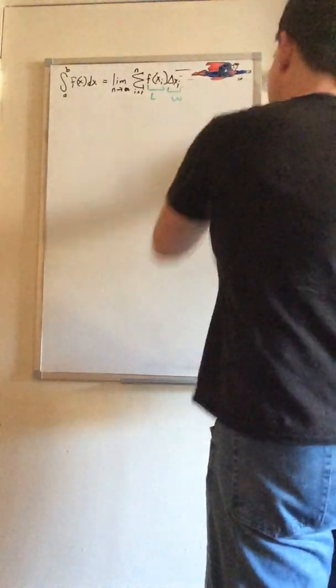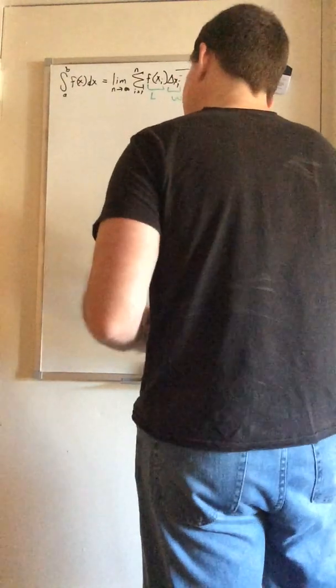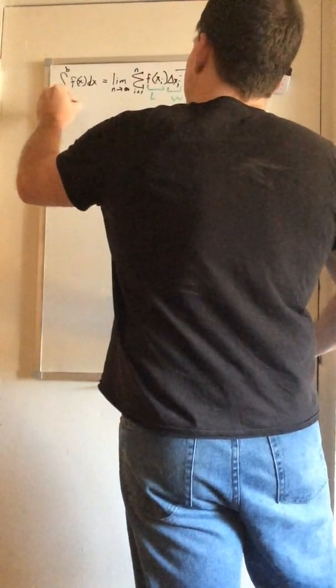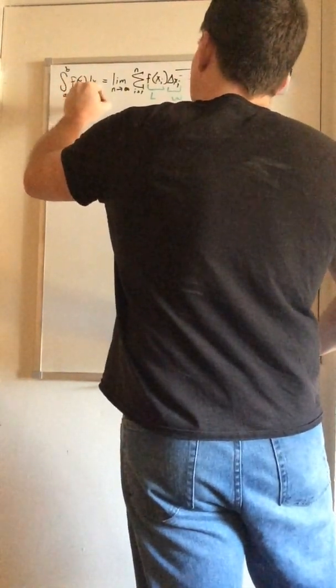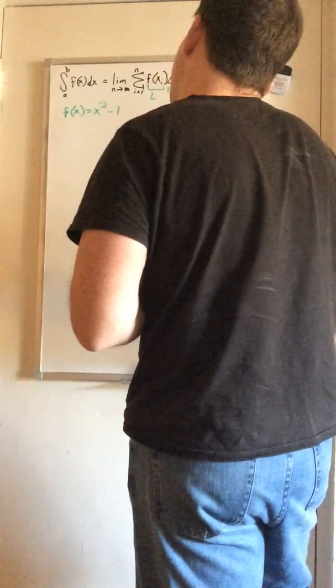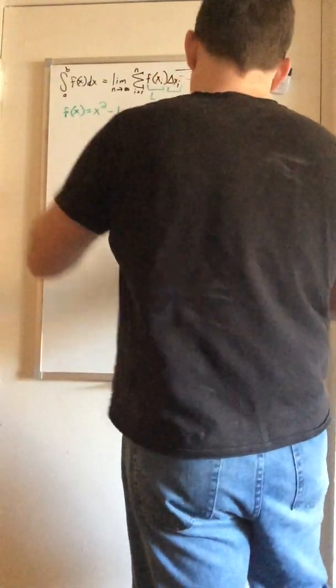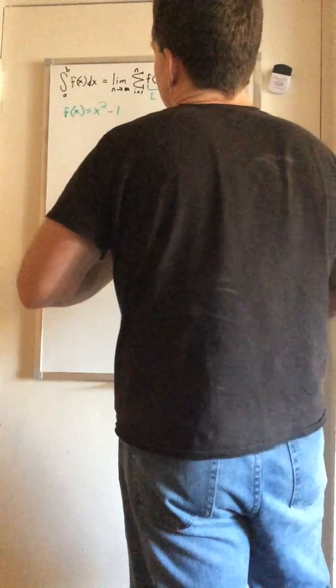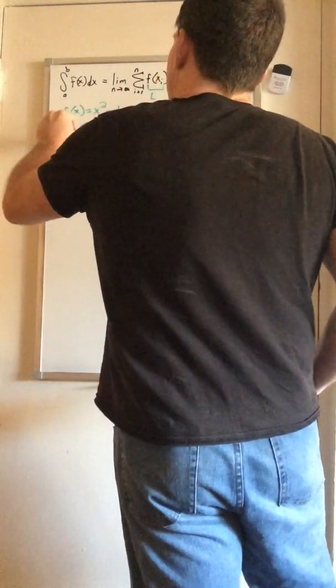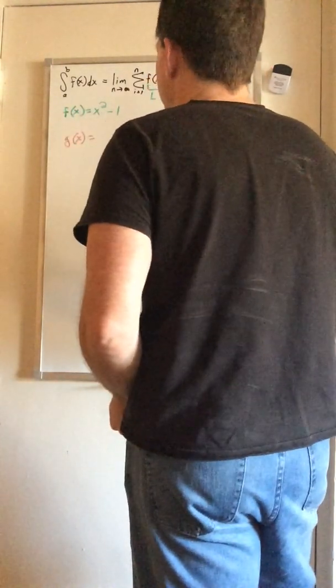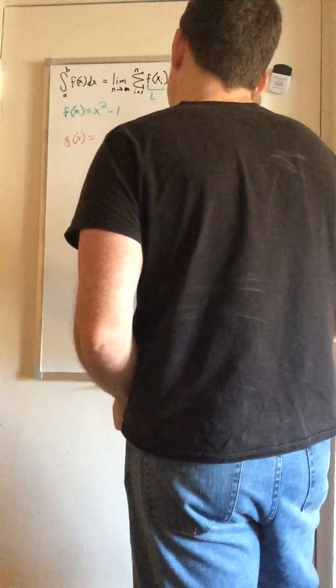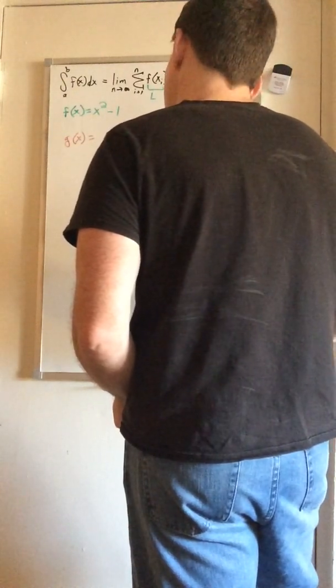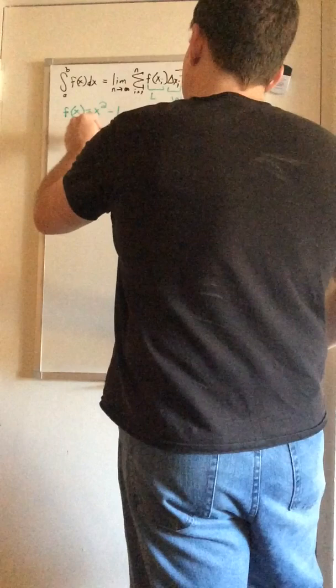But suppose we expand on this again, and now let's see. Okay, bear with me. We're going to let f of x equal x squared minus 1, and g of x equals, let's see. Just bear with me.